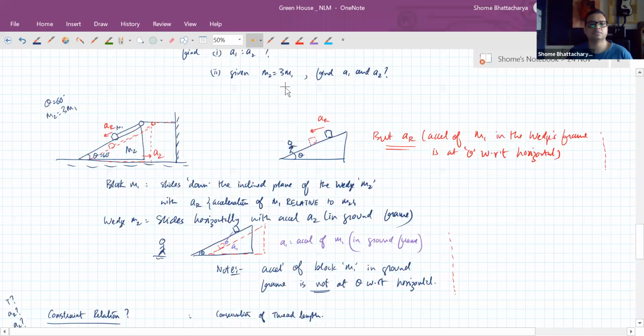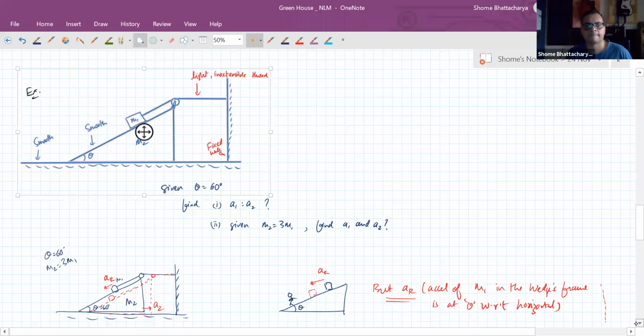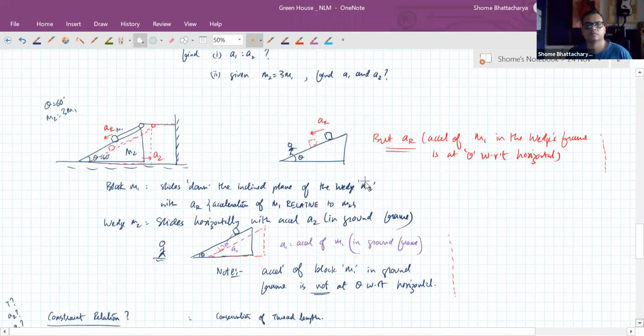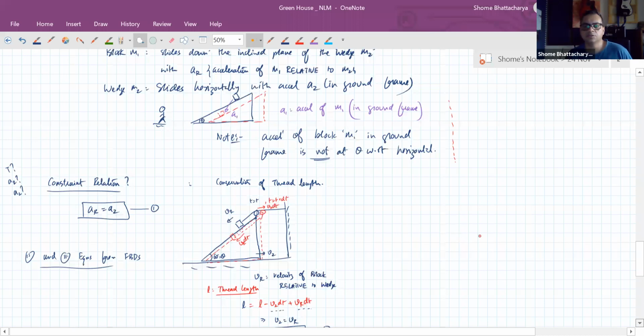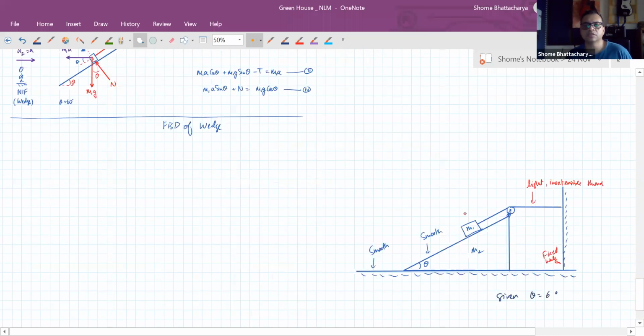Just pick up this diagram. You will understand that as far as the wedge is concerned, this block is pushing it down with normal reaction. So the wedge is pushing it up with an equal and opposite normal reaction. Then there is this tension and this tension is acting on this. Okay. So these are the forces which are acting on the wedge.